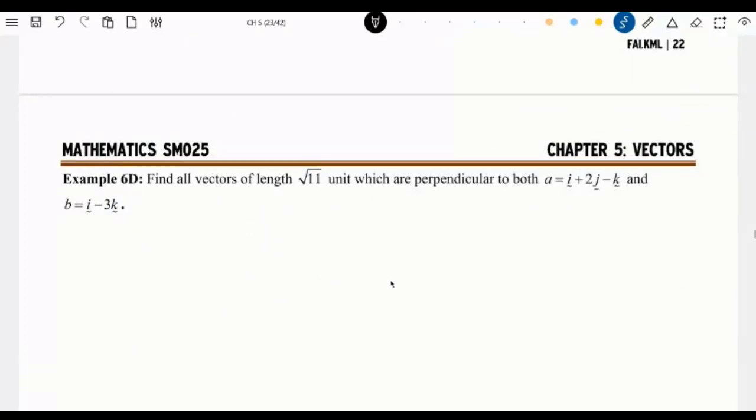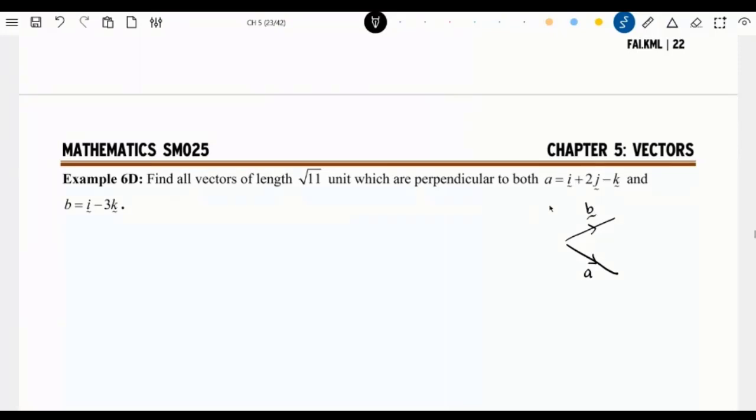Find all vectors of length square root 11 which are perpendicular to both vectors. Technically, if we imagine or assume, it looks like this. This is vector A, this is vector B. Reversed is no problem.